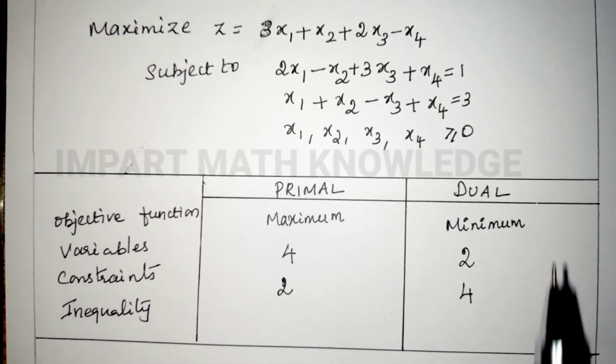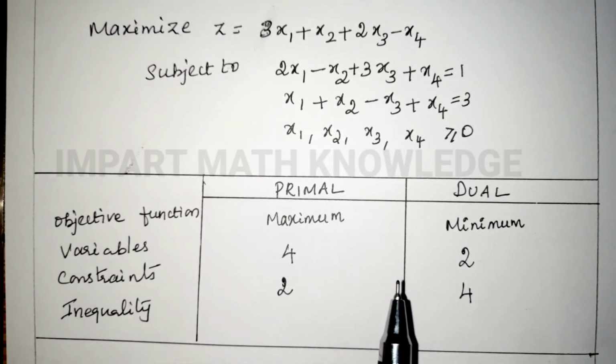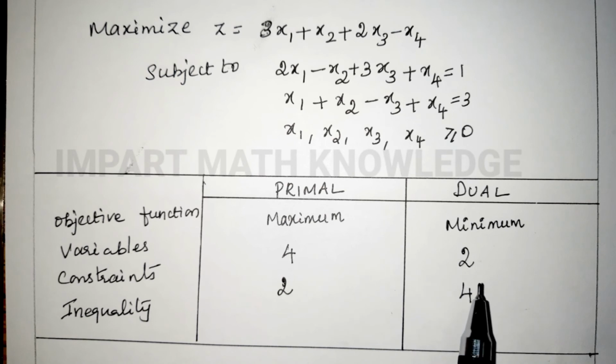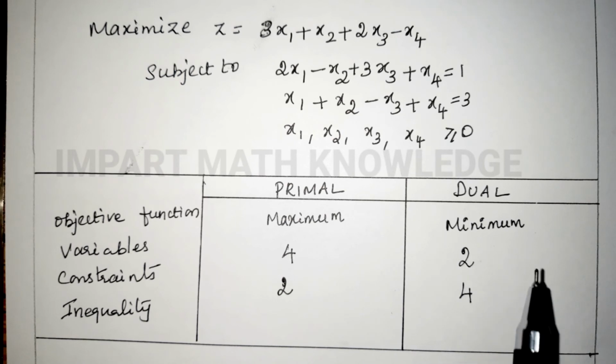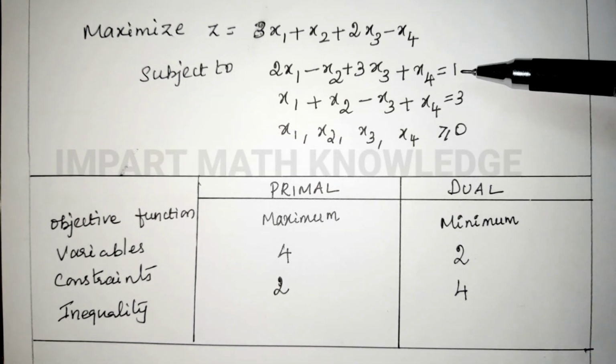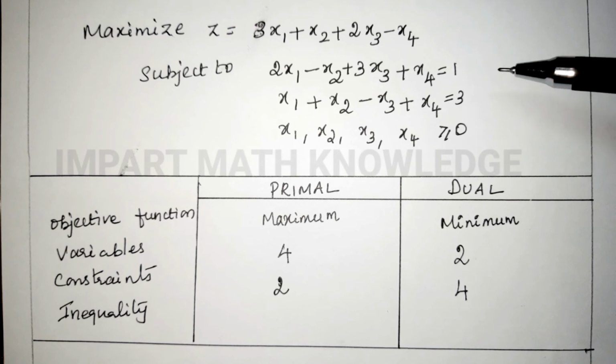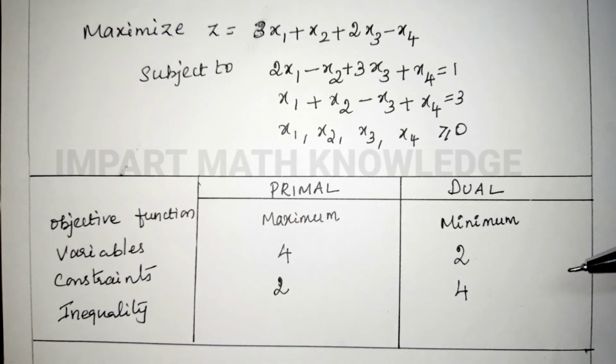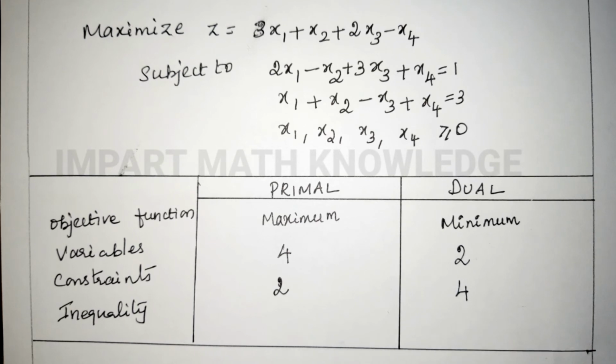In the given problem, your inequality is equal symbol. So, in the dual problem, your inequality should be greater than, since it is a minimum problem, you have to put greater than symbol, but first and the second condition is equality form. So, in the dual problem, your first and the second variables are unrestricted in sign.